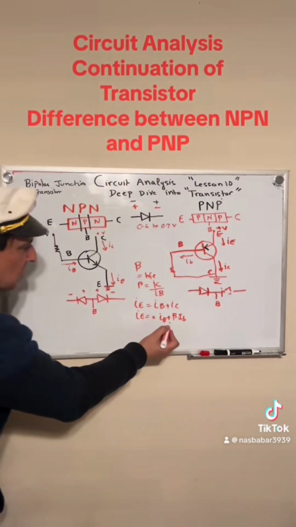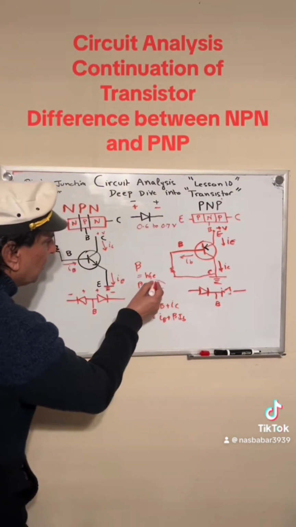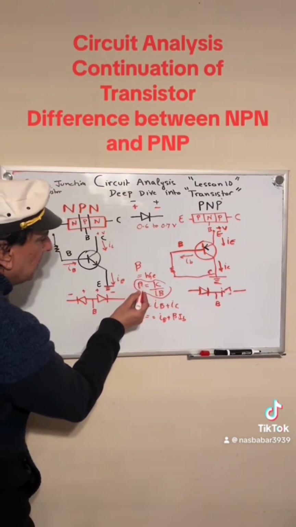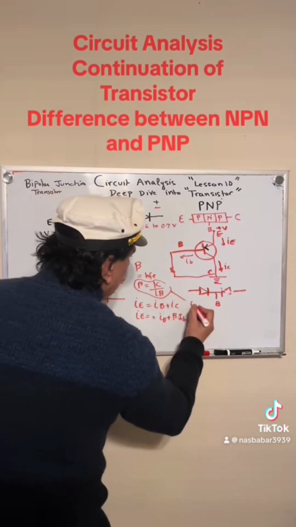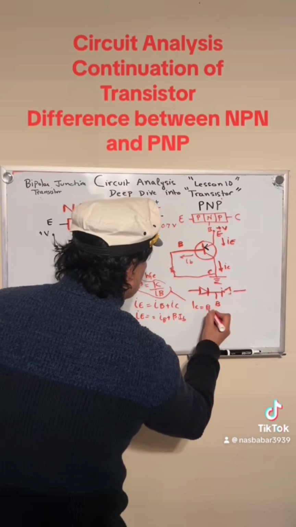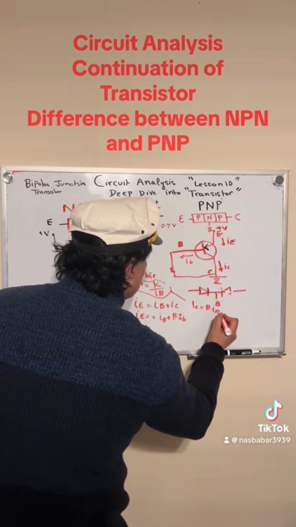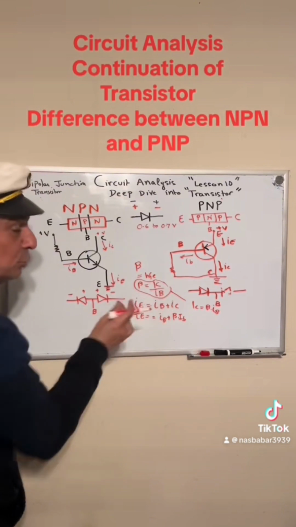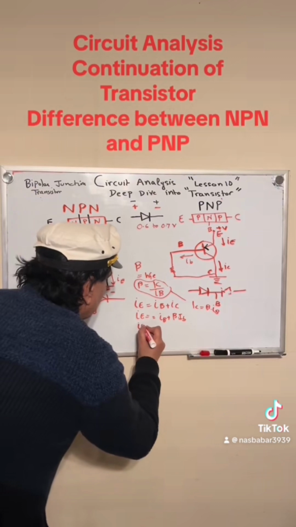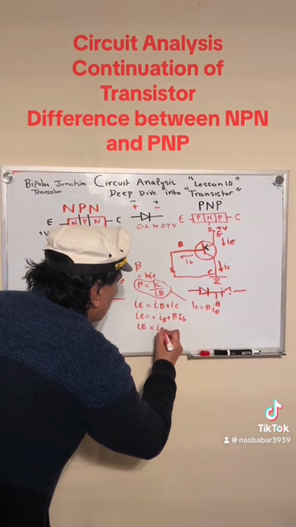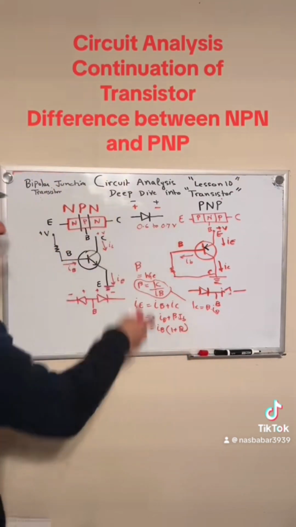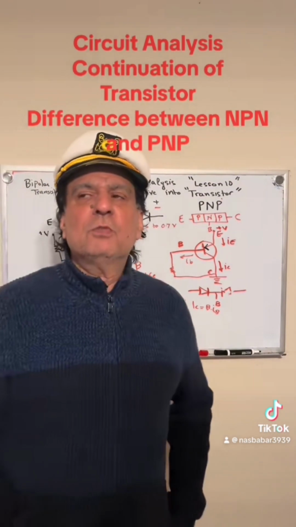You see how I got this beta into IB? Because if you look at this right here, I can bring IB over here, okay? And if I bring IB over here, then IC becomes beta into IB, correct? If you open this up, do some algebra. So anyways, you get this, and you can take IB common, and then inside you're left with 1 plus beta. So these are the formulas you need to remember in order to solve further problems.